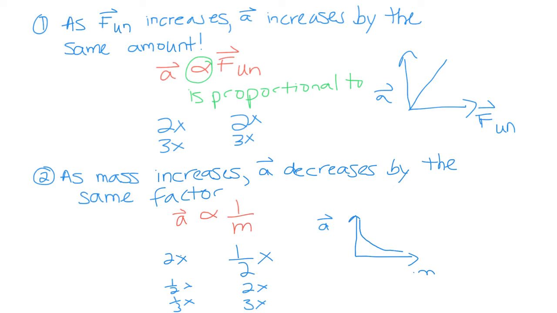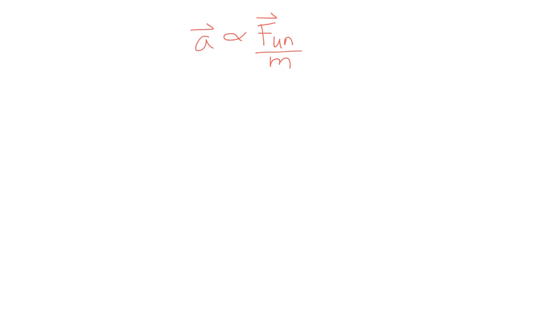So these are actually, we can put these together. So we know that acceleration is proportional to the force divided by the mass. I'm actually going to do that on a fresh sheet. And from our equation that we did in the lab, we learned that acceleration is actually equal to the unbalanced force over mass.